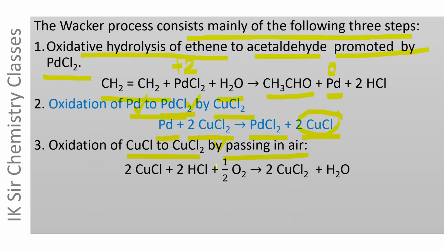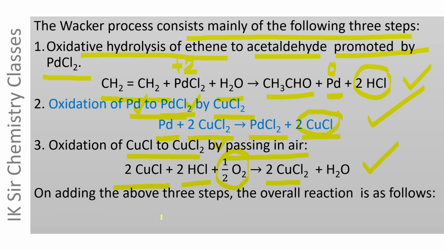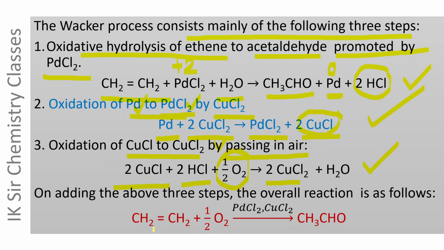Cuprous chloride reacts with HCl, which is present in the reaction medium, in the presence of O2 of air, forming CuCl2 plus H2O. On adding these three steps, the overall reaction becomes as follows.